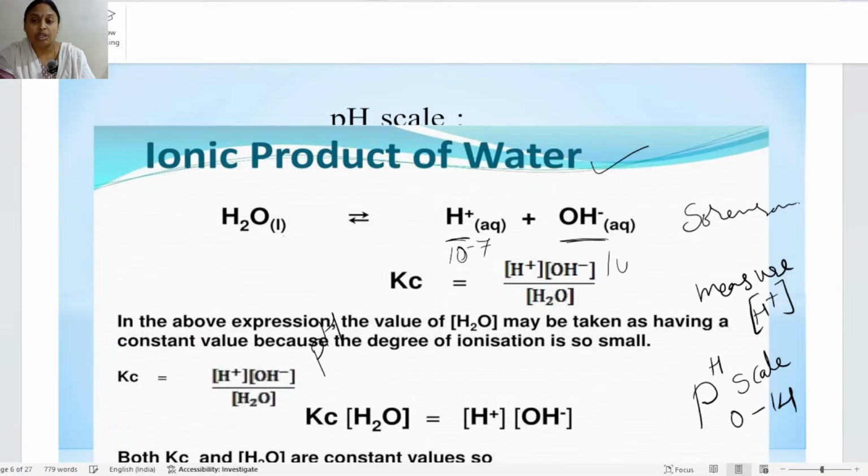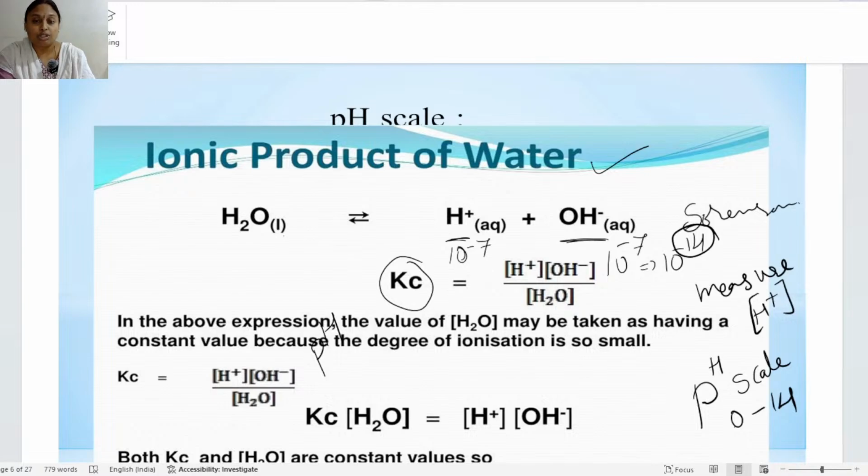And the OH minus ions concentration is also 10 power minus 7. So in total, how much do we get? 10 power minus 14. So here we are getting the 14 concentration terms. Because of that, in the pH scale we get 0 to 14 units.